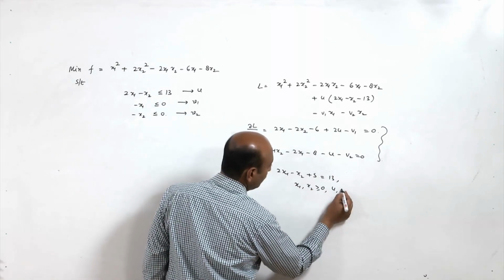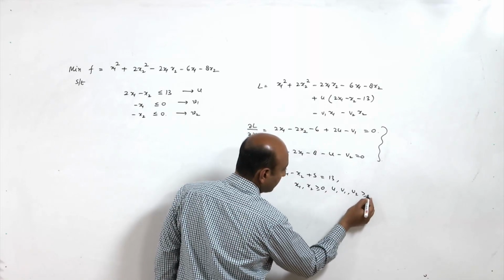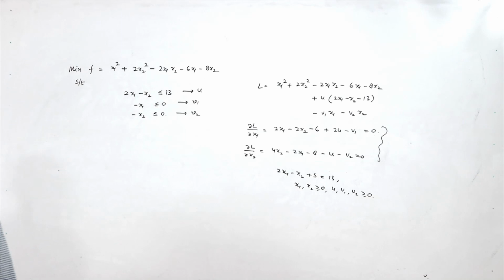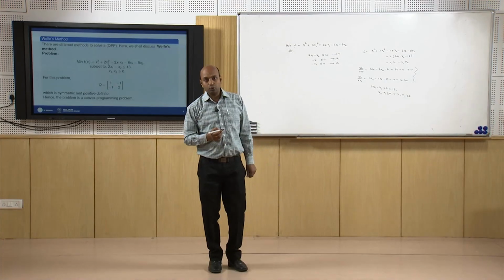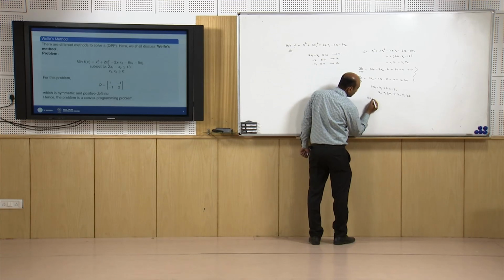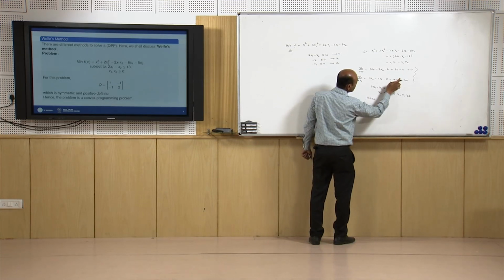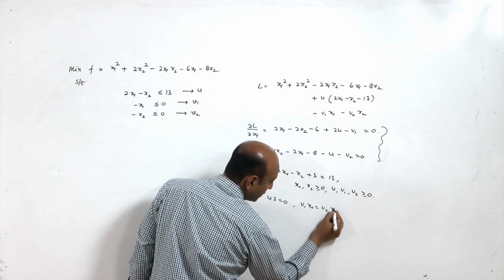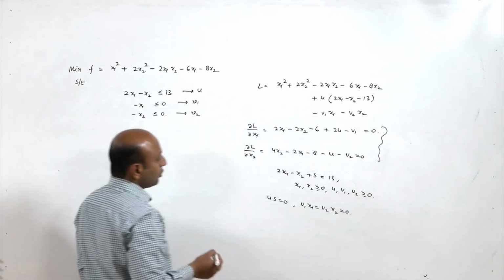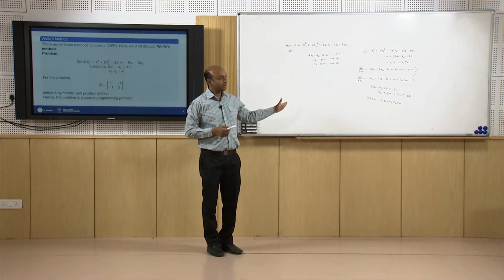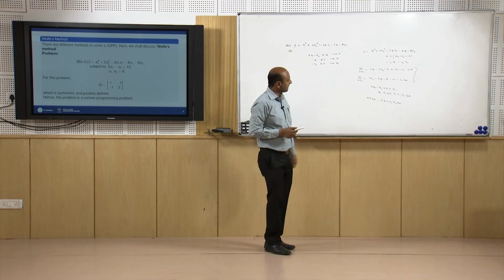Of course, u, v1, v2 are also non-negative, and one more condition: u_i s_i equal to 0 for all i and v_j x_j equal to 0 for all j. Here it is u times s equal to 0, and v1x1 equals v2x2 equal to 0. So, these are the KKT conditions for this problem.